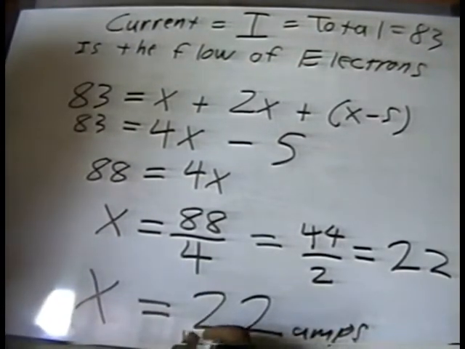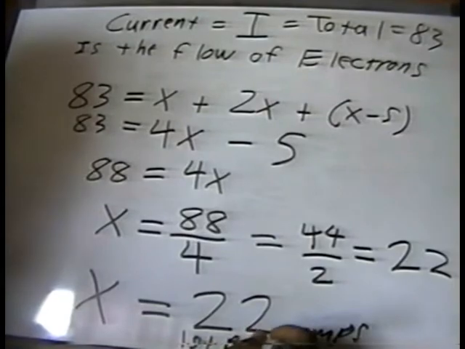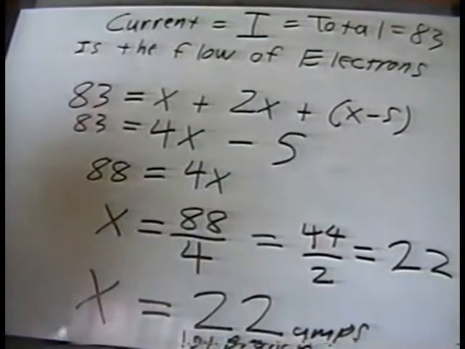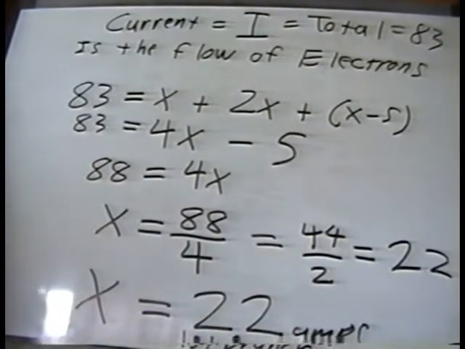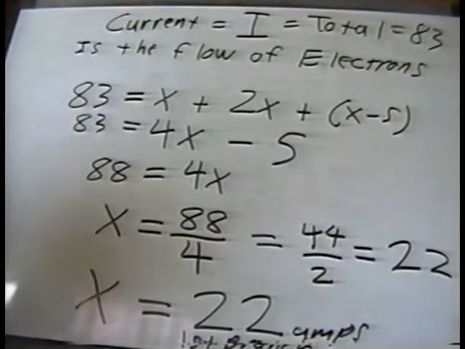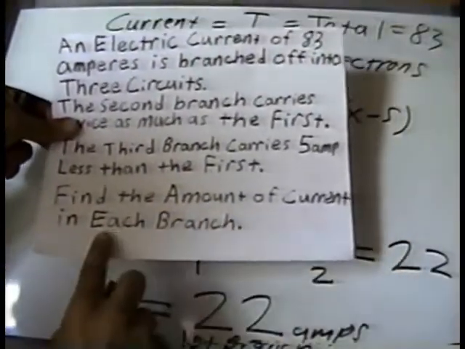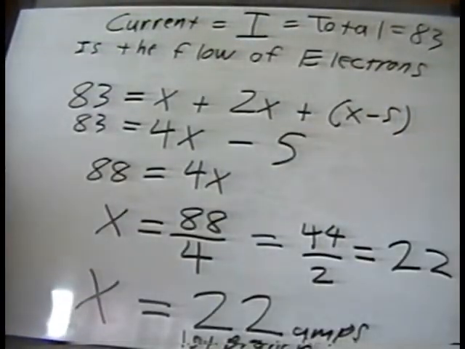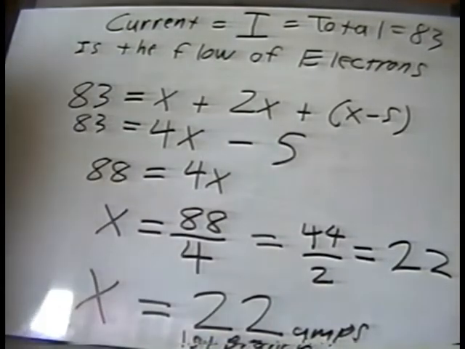So we know that x is 22. Now x represents the first branch. We know that's 22 amps, which is the first branch.